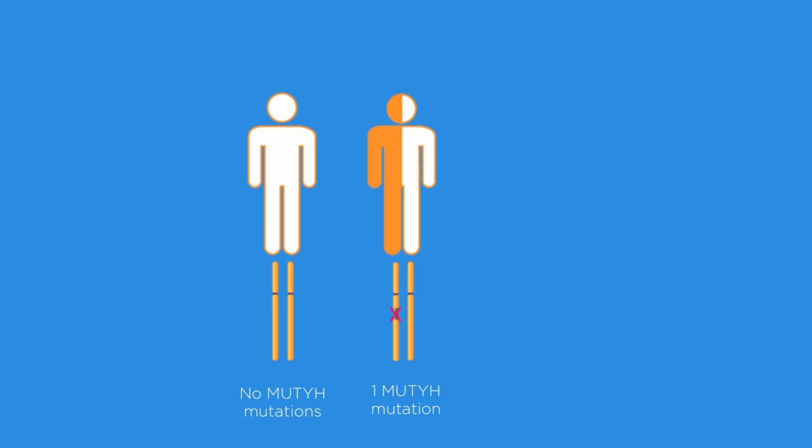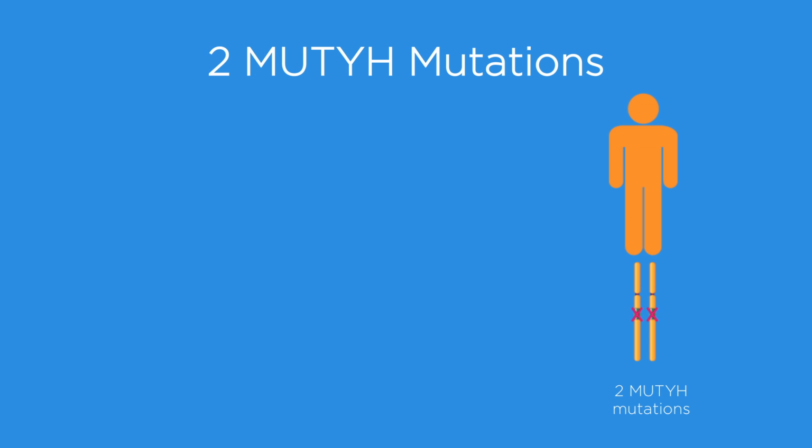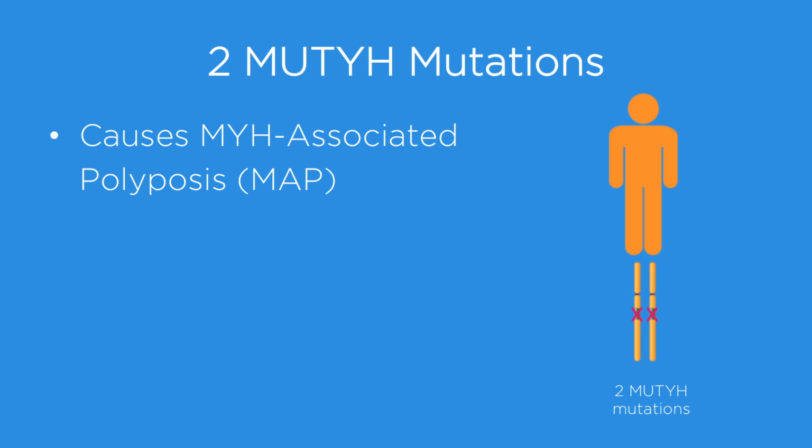Unlike some other cancer risk genes, the MUTYH gene is a recessive gene. This means that both copies of a person's MUTYH gene have to have a mutation for the person to have a disease. When both copies of the MUTYH gene have a mutation, that person has a condition called MYH-associated polyposis, MAP.